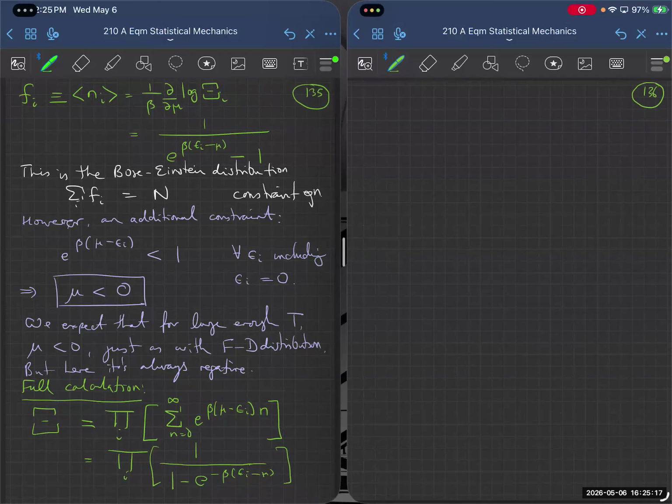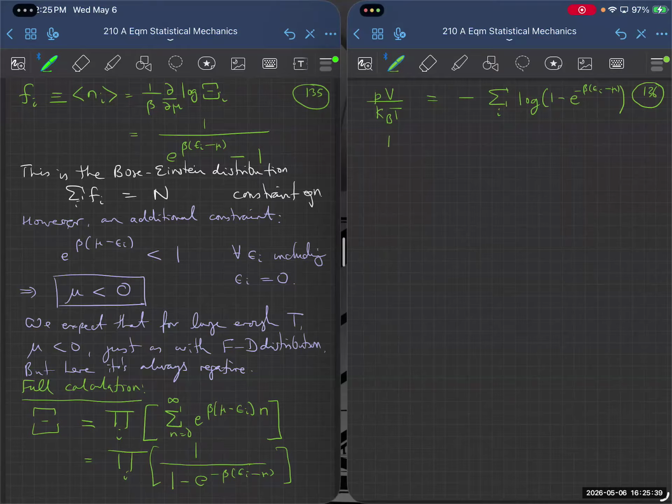And then we can work through the same calculations we had before. So then the equation of state is PV over kT equals minus the sum over states of the logarithm of 1 minus e to the minus beta epsilon minus mu.